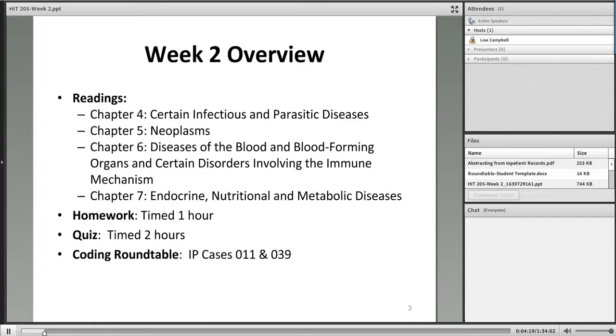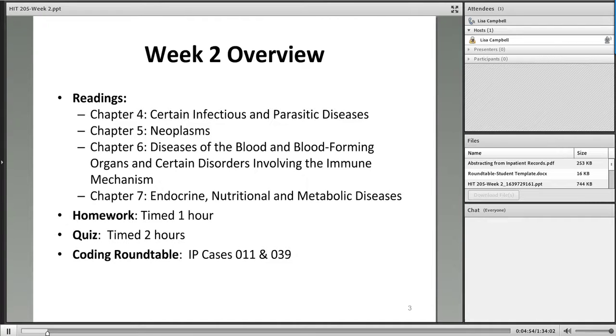So read it at your own risk, but keep in mind that we are focusing on ICD-10-CM and not ICD-9-CM. I had actually seen in one of my own classes where some folks were talking about ICD-9, and I think that's very confusing when you're learning about this system and how the book is set up.